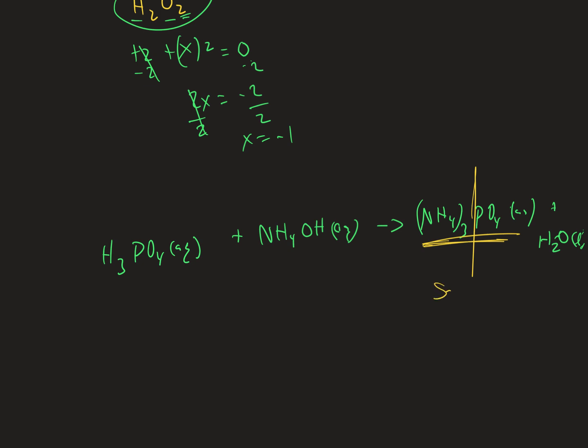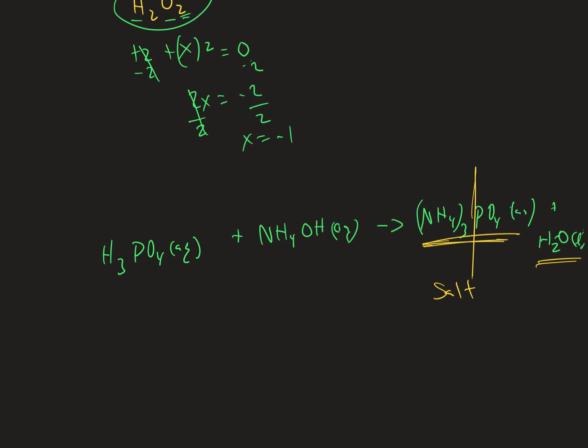In other words, that's a salt. All ionic compounds are called salts. And we have water. We have salt and water. It must be a neutralization reaction, or what else is that called? Acid base. But that's one way to tell.